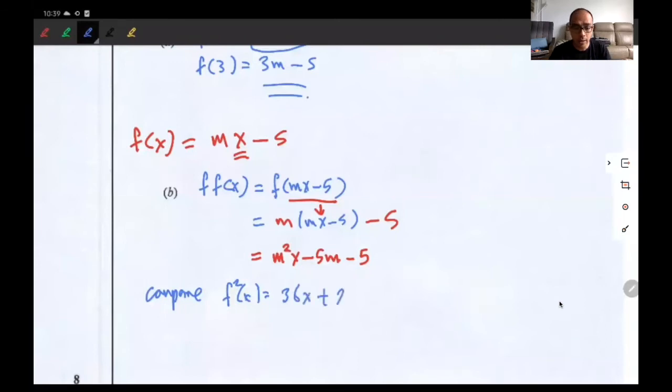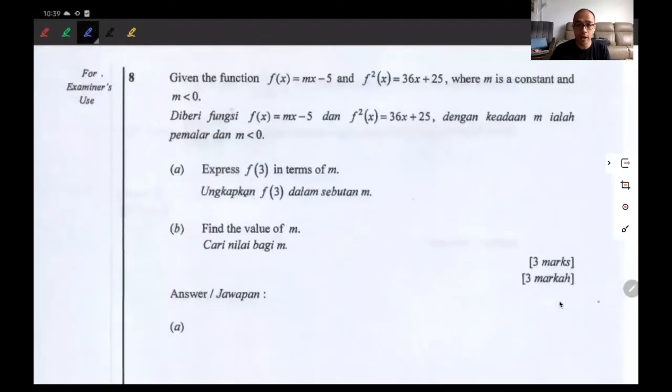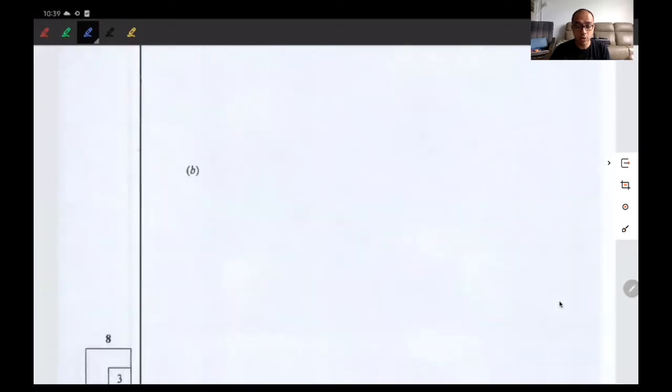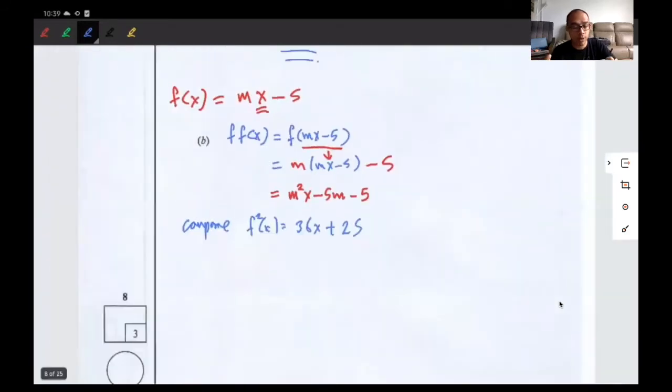Am I getting this right? Okay. So when I compare these two, I can conclude lah, saya boleh simpulkan bahawa m squared equals 36. Atau negative 5m minus 5 equals 25.